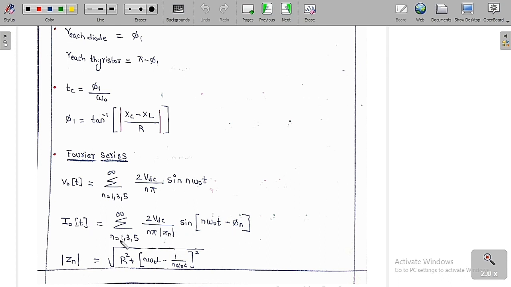So I naught of t is equal to the sum over n equal to 1, 3, 5 up to infinity of 2 VDC by n pi magnitude of Zn, sin of (n omega naught t minus phi n), where the magnitude of Zn is equal to the square root of R squared plus (n omega naught L minus 1 by n omega naught C) whole squared.